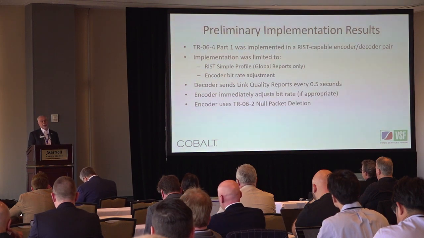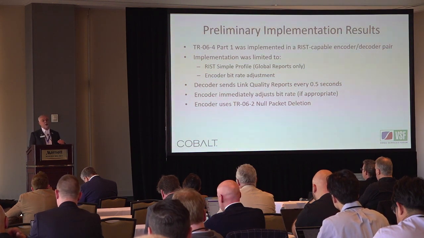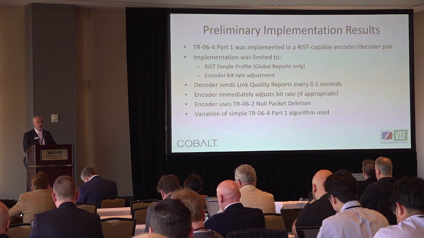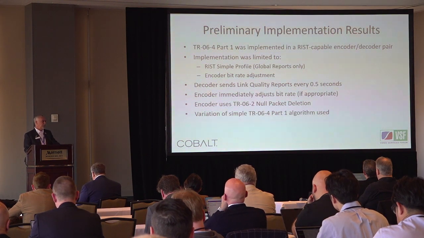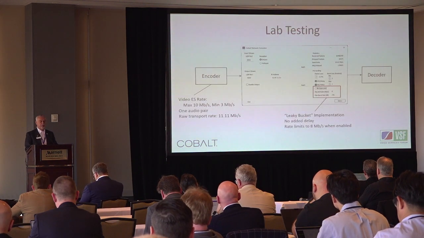So on the other side, you can reproduce a compliant CBR transport stream at the original rate by recreating those null packets. The algorithm we used in the implementation is a variation on the simple algorithm in the TR.